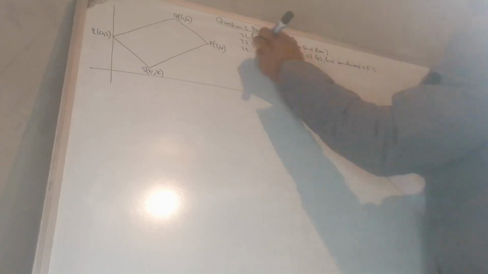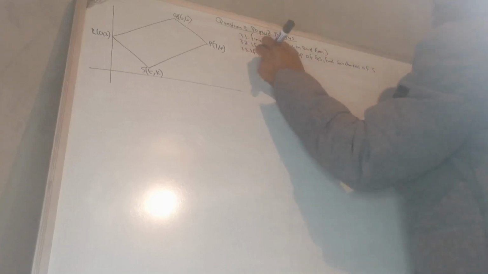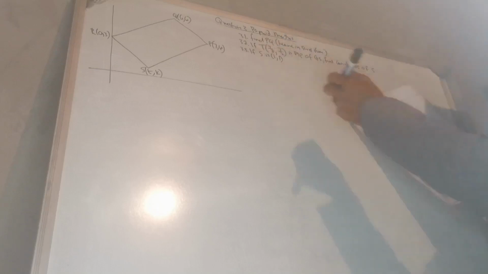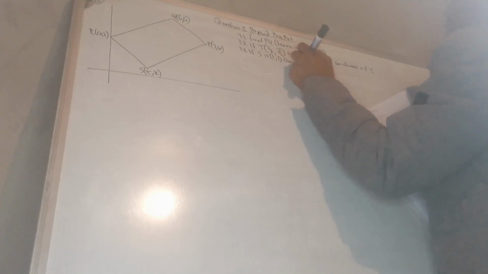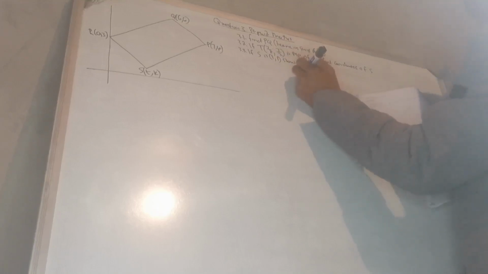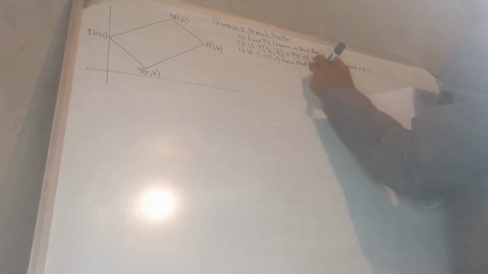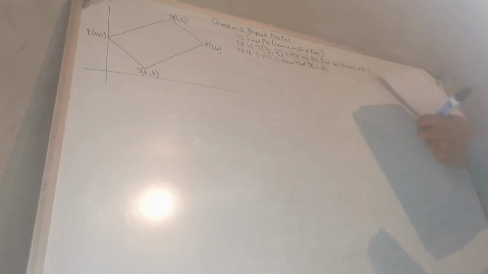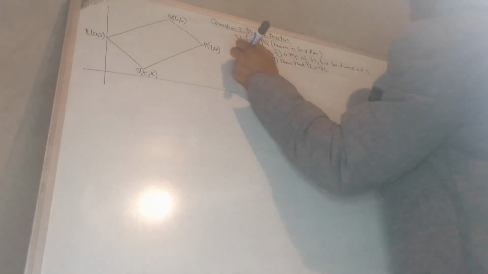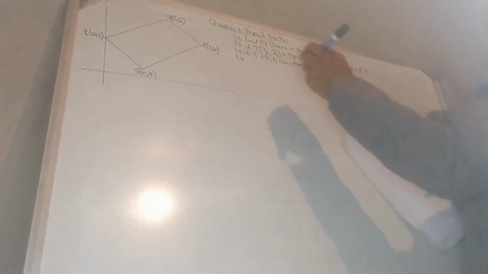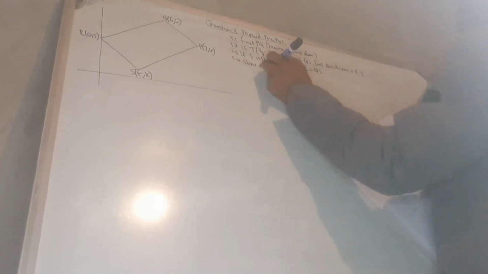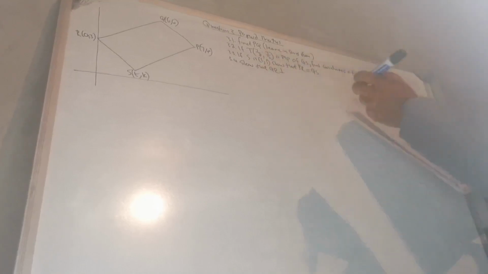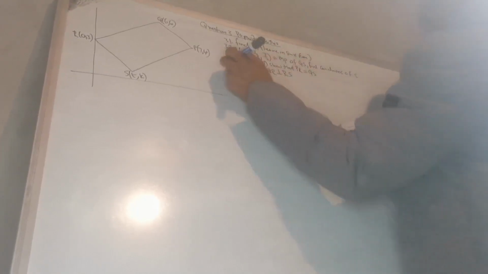3.3, if the coordinates of S are (1, 1), show that PR equals QS. 3.4, show that QR is perpendicular to RS.